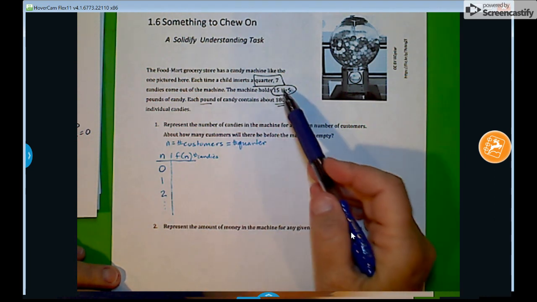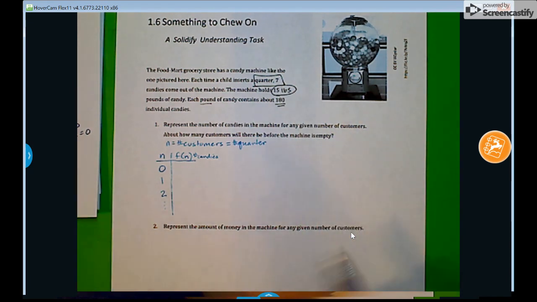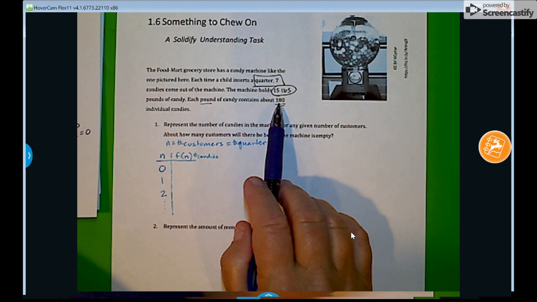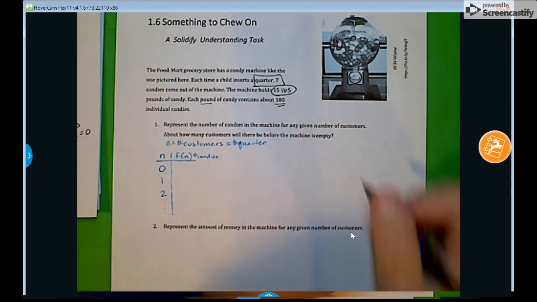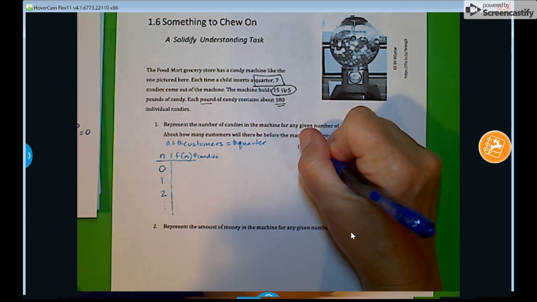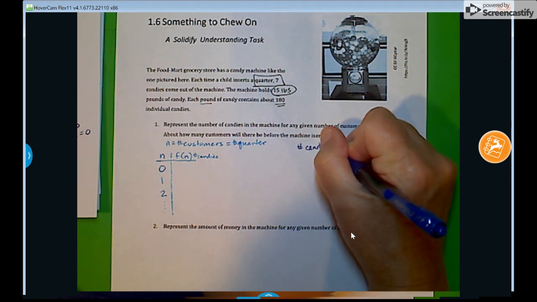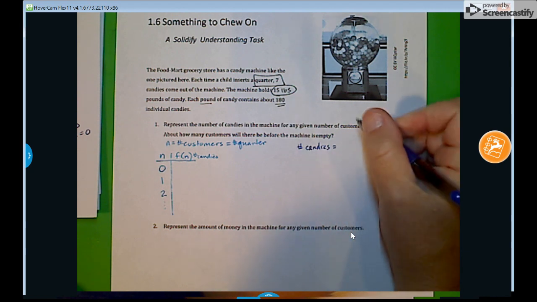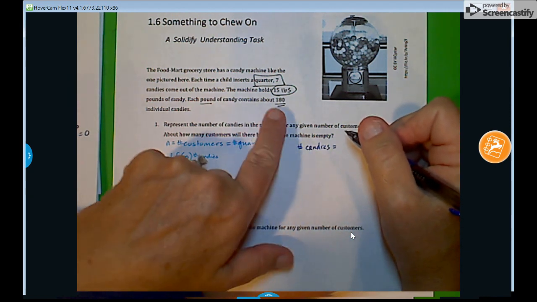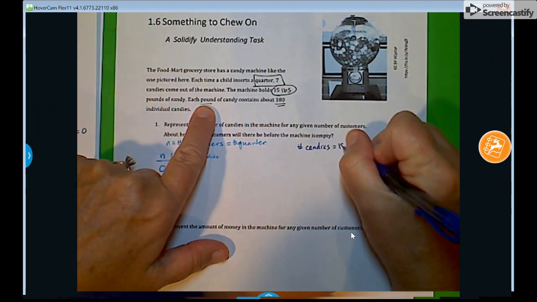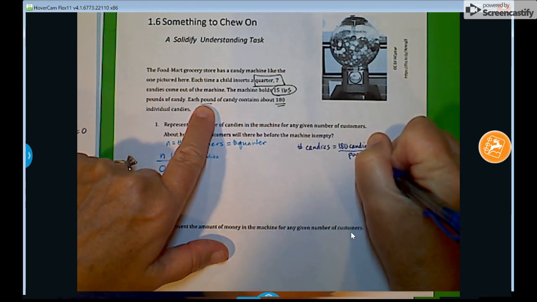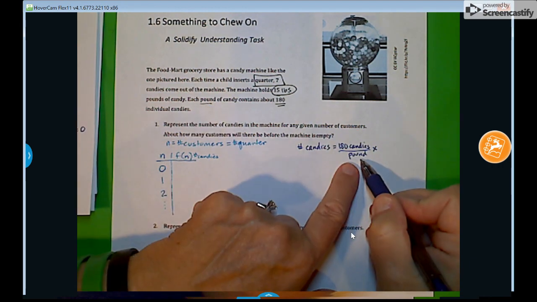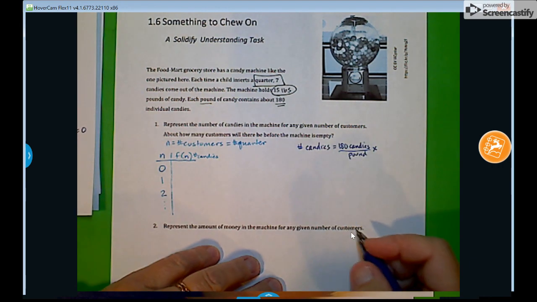And I know that each customer is 7 pieces of candy. So let's see. A full machine, 180 pieces of candy per pound, and there's 15 pounds. There's where we need to go. So the number of candies is going to be equal to, let's see, it's 180 candies per pound, and if we multiply that by the number of pounds, we'll get total number of pieces of candy.